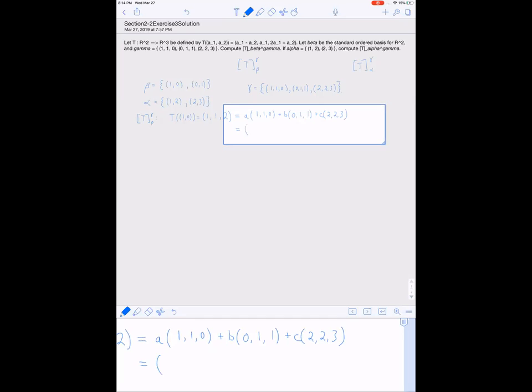Well, A times (1, 1, 0) is just (A, A, 0), and B times (0, 1, 1) is just (0, B, B). And C times (2, 2, 3) is just (2C, 2C, 3C). And then I can add those three vectors together and get ultimately the vector (A plus 2C, A plus B plus 2C, B plus 3C).